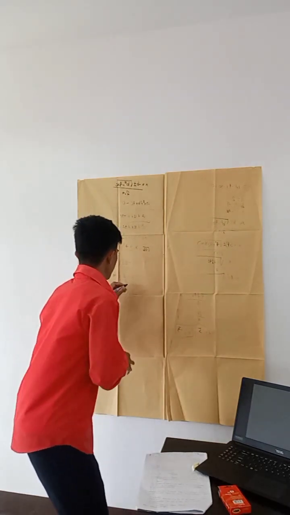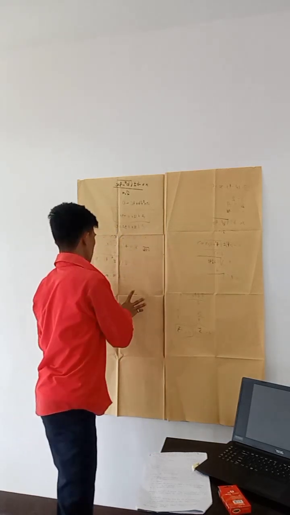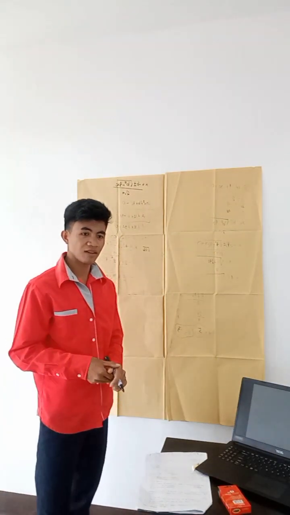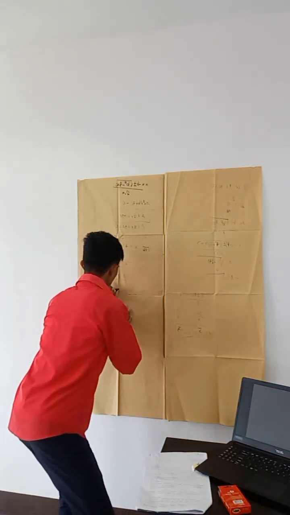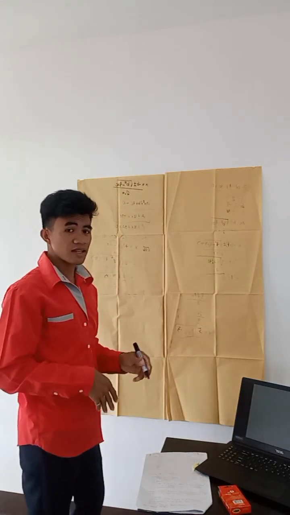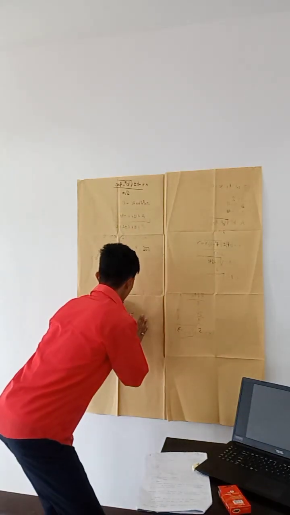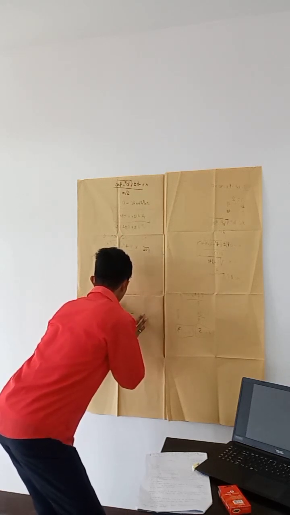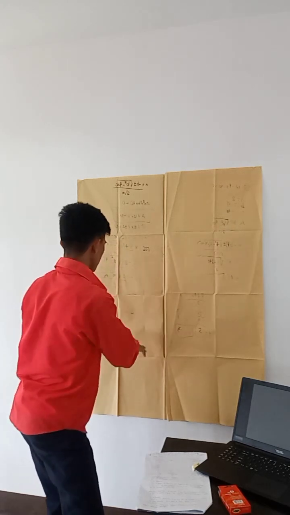Therefore, negative 12 plus or minus the square root of 144 minus 128, which is 16, over 2. What is the square root of 16? 4. Therefore, the equation is negative 12 plus or minus 4 all over 2.